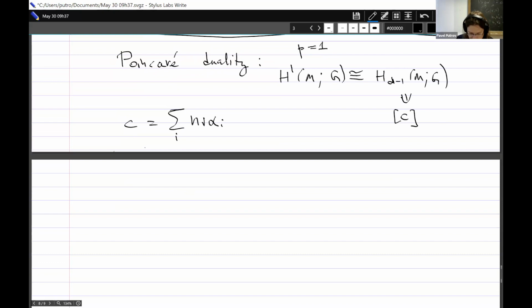And on a smooth manifold, I can choose these alphas to be smooth functions.